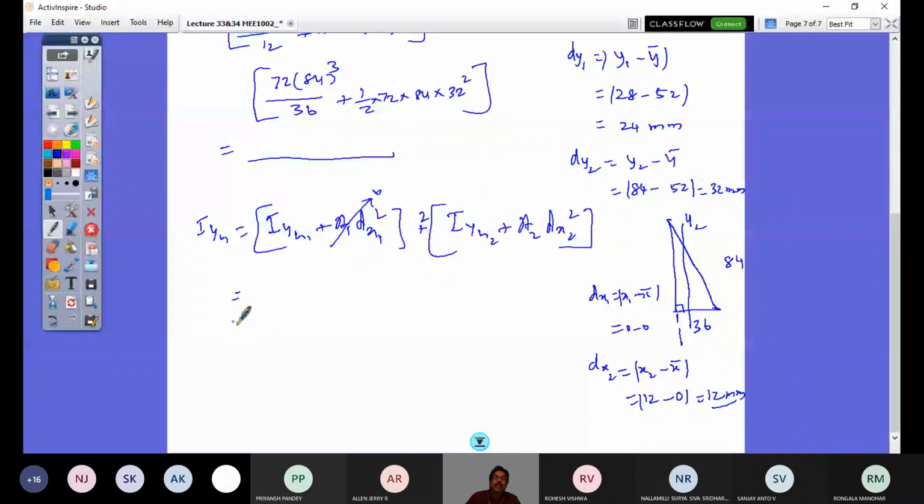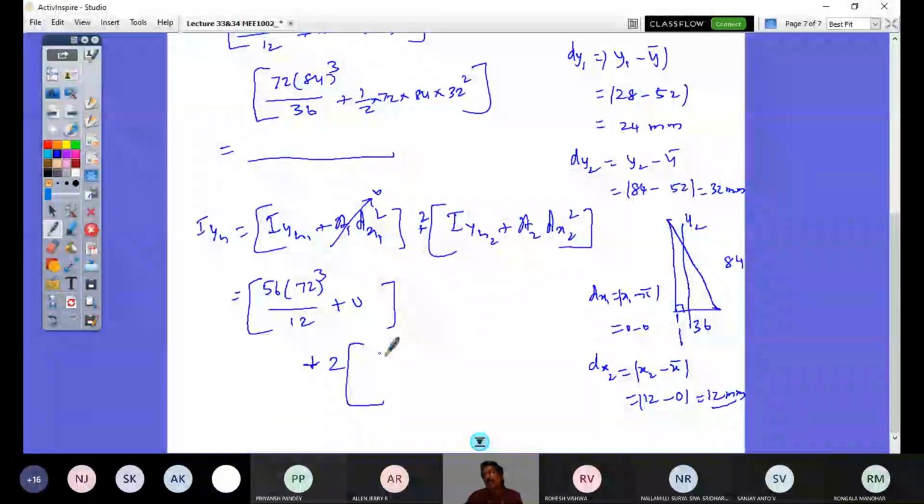IYG1 is d b cube by 12 now. So d is 56 and b is 72 cube by 12, plus 0. That is the first term, plus 2 times IYG2. IYG2 is for the triangle about this axis.